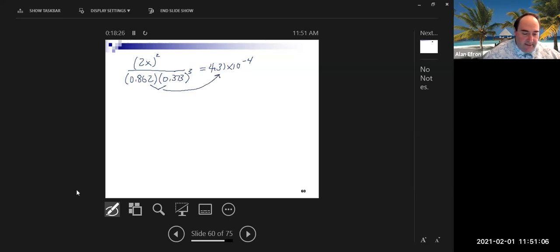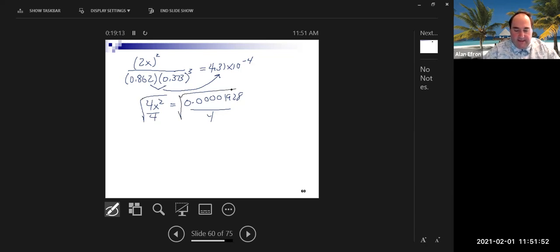So I'm just going to do all that in one move. 0.373 cubed times 0.862, and then times 4.31 to the minus 4 gets us 4x squared, which is what's left on top, equals 0.00001928. We're going to divide both sides by 4 and also take the square root as well.